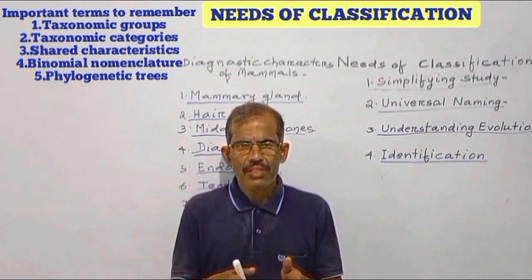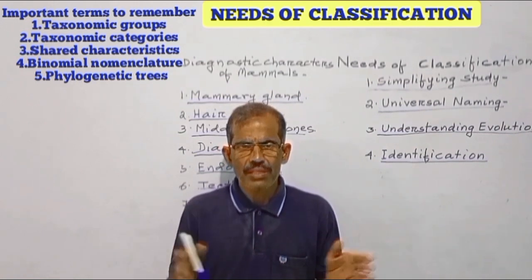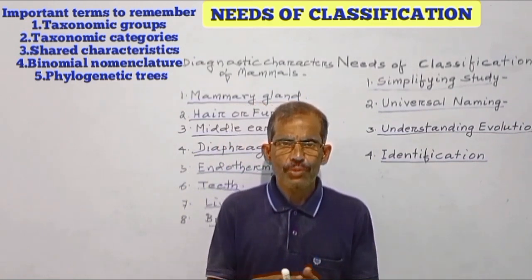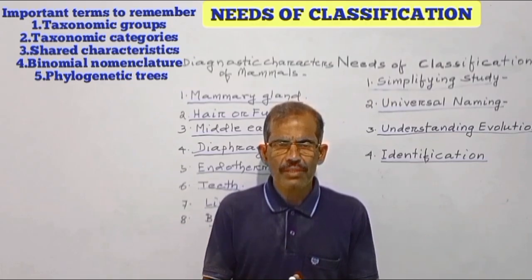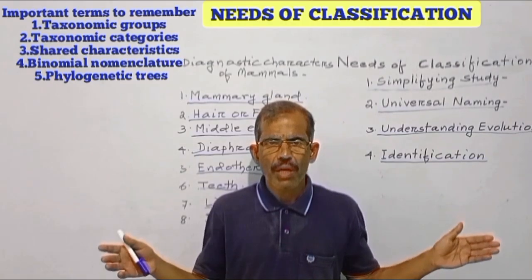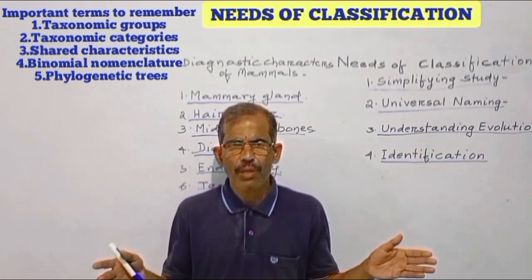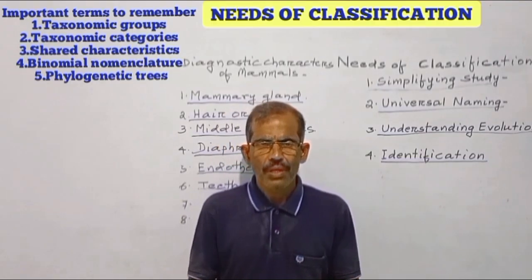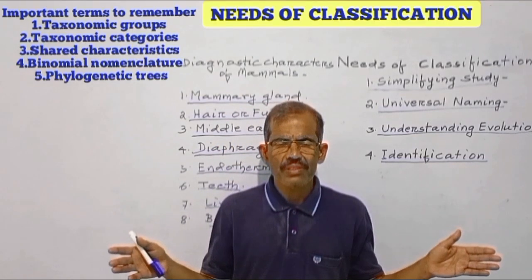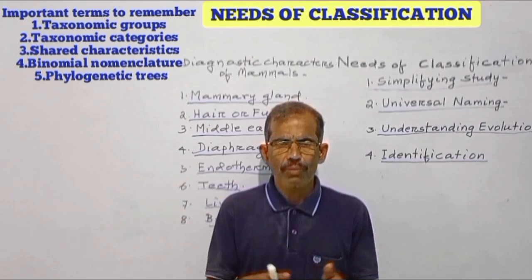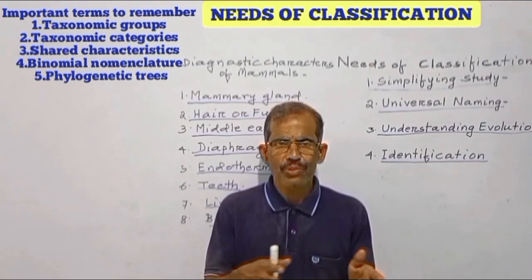Their study has been made easier by classifying them into different groups known as taxonomy groups based on their shared traits. Taxonomy groups are real biological entities. They are the actual collection of living organisms. Each group represents a discrete population of living organisms in nature.